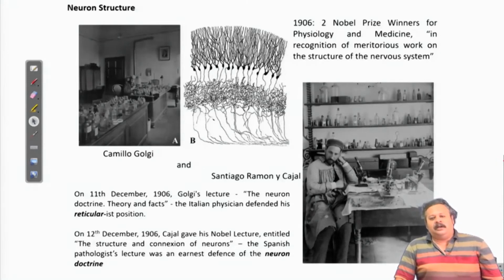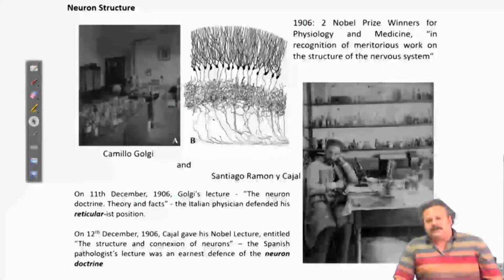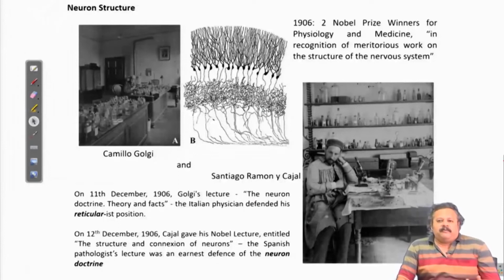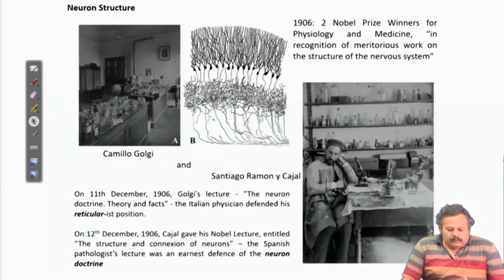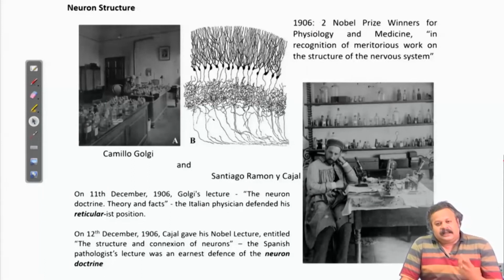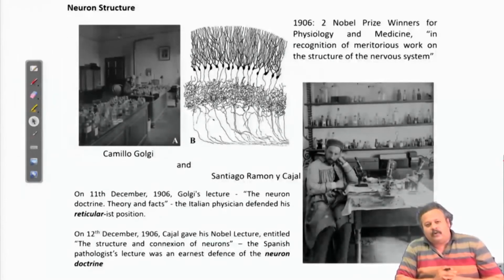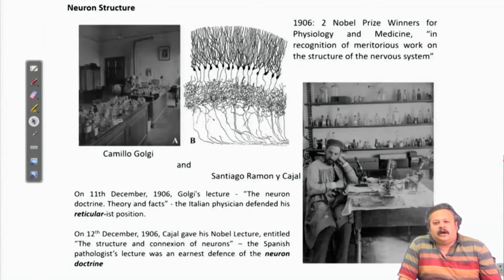Whereas Ramon y Cajal and others, based on their observations and experiments, came up with the neuron doctrine, the theory that a neuron is a single entity by itself, that there are many types of neurons, and that they are connected to each other not in a continuous manner like a net, but in a contiguous manner. That is what Ramon y Cajal showed in his Nobel lecture about the neuron doctrine.